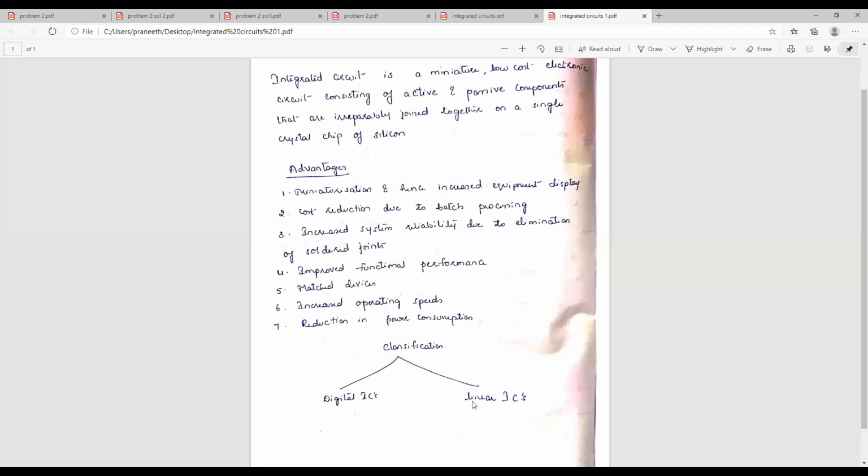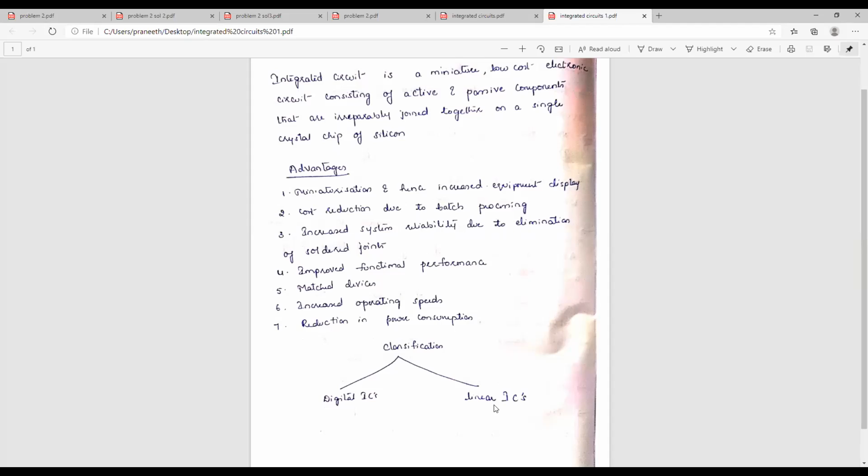And linear ICs are those which perform linear applications. Again, in linear ICs, there is a classification like general purpose and special purpose. General purpose IC means your op-amp 741, no? That is a general purpose IC because that can be used as anything. Generally, we call this an op-amp because it is able to perform a lot of operations, mathematical operations. That's why the name operational amplifier was given.